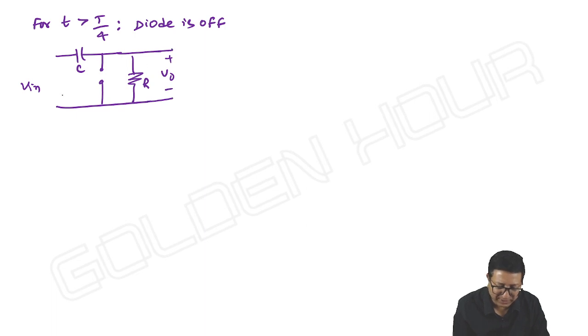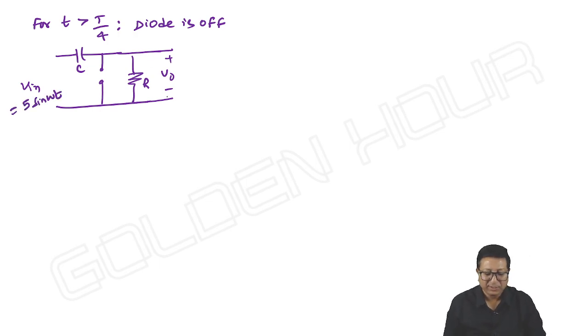Now it looks like there is a path for the capacitor to discharge. Okay. So input is 5 sin omega t. So it tries to discharge. But what is the discharging time constant? It is RC.